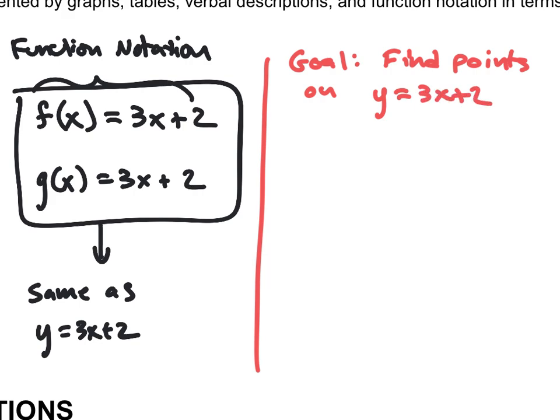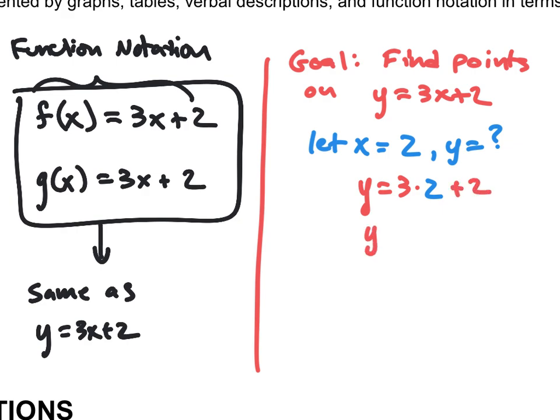I would have to say, okay, let x be equal to, say, 2, and then what's the y value equal to? I'm just taking 2 and plugging that in for x. So y equals 3 times 2, plus 2, and we end up getting y equals 6 plus 2, so y is equal to 8.